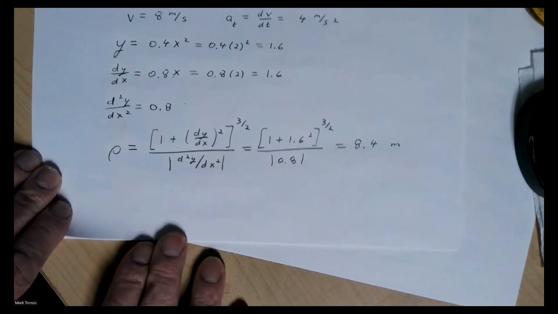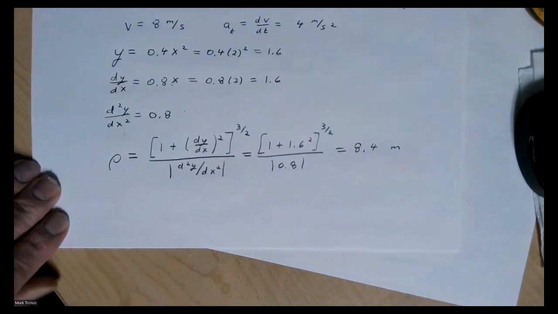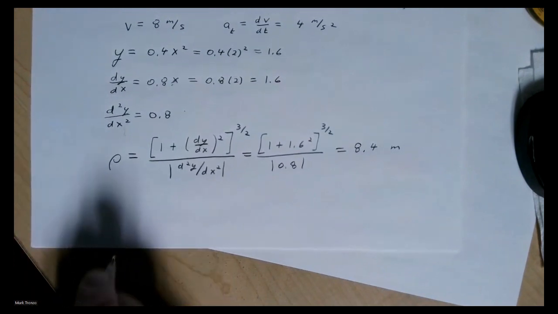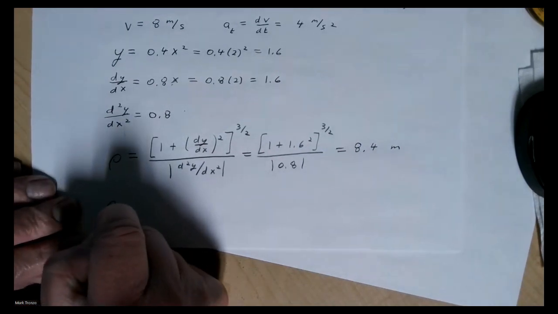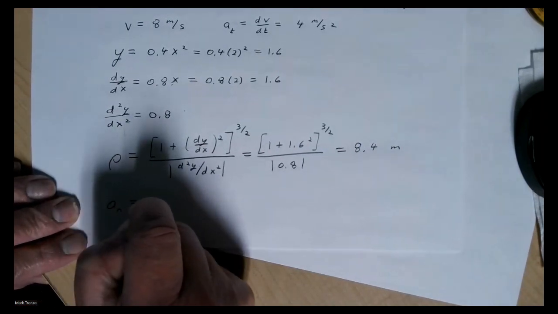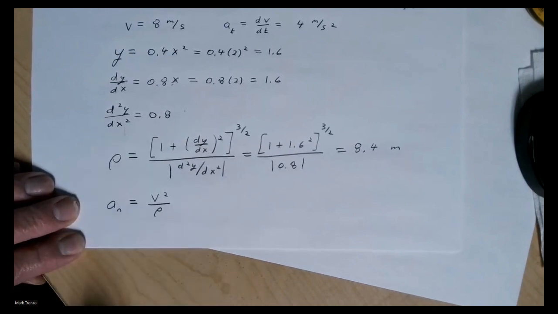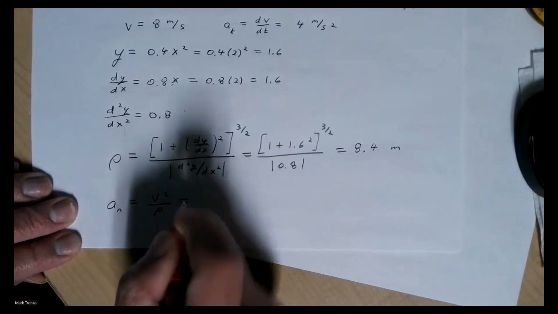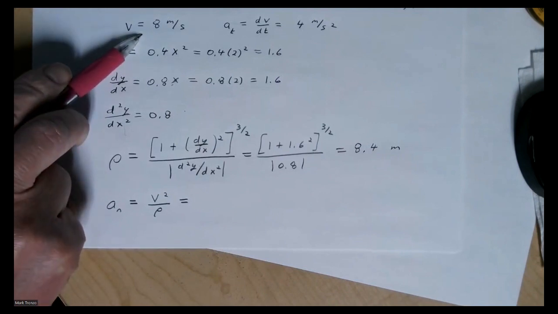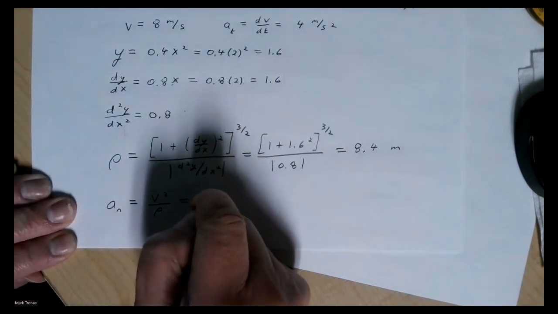Now we can calculate our normal acceleration. It's v squared over rho. And then remember, we're given our v, our velocity.